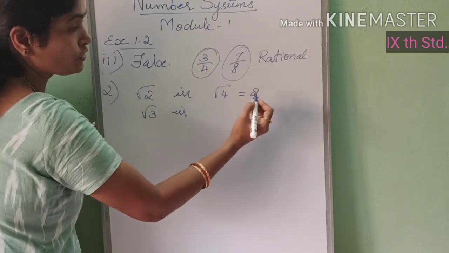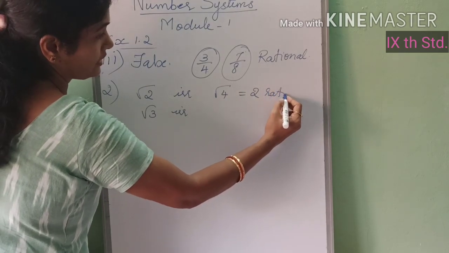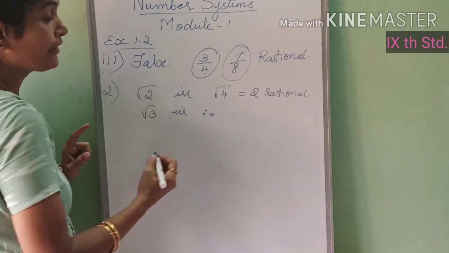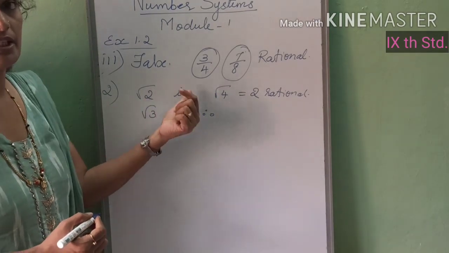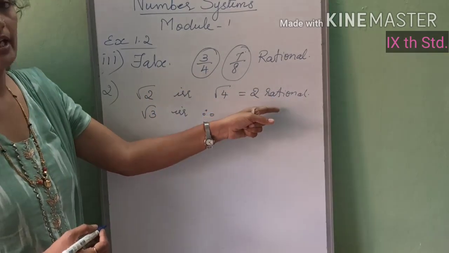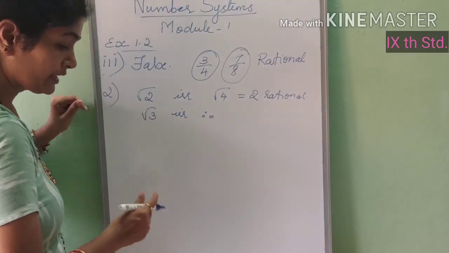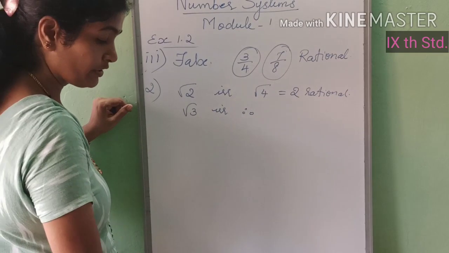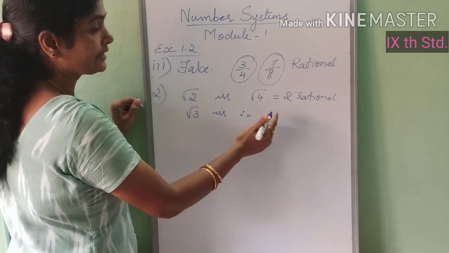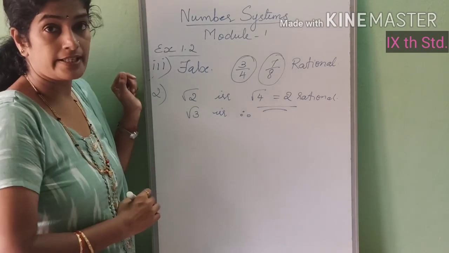Square root of 4 is 2, which is rational. Correct? Therefore, every positive integer's square root is not irrational. It can be rational also. Then the question continues: if not, give an example of the square root of a number that is rational. This is an example for it.